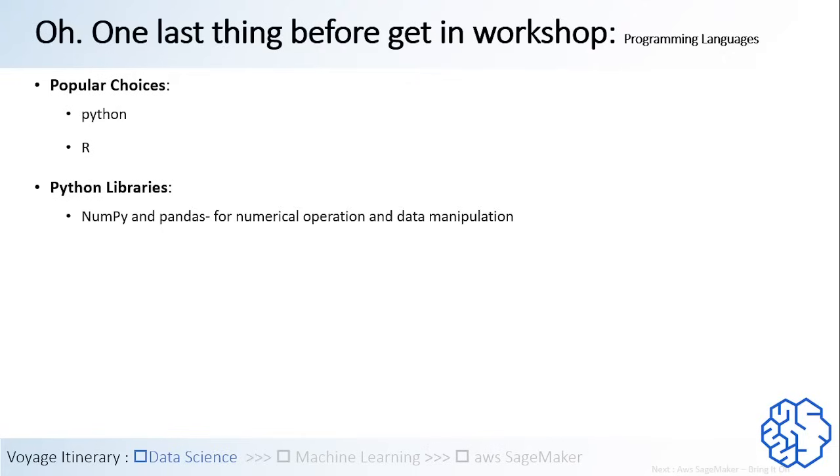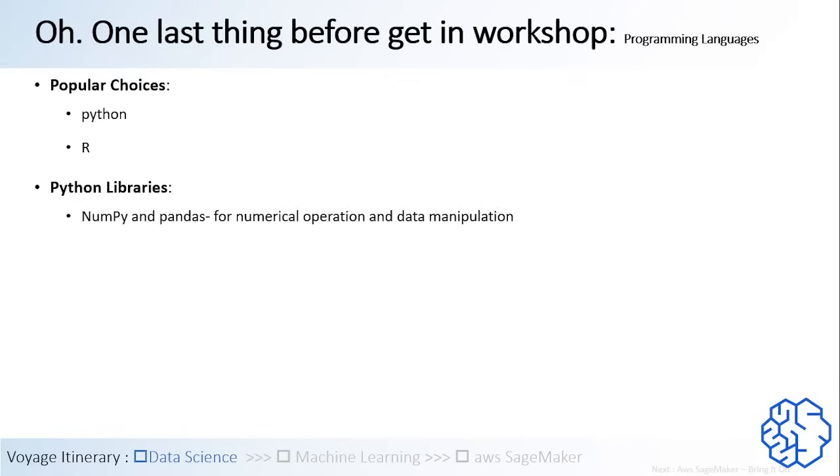Python libraries are small programs which help you to get started. These are boilerplate libraries like NumPy or Pandas for numerical and data manipulation, right? NumPy is just a small Python program which helps you to work on numerical data. You don't have to build your own library from scratch. You import this, use the function, get it done.